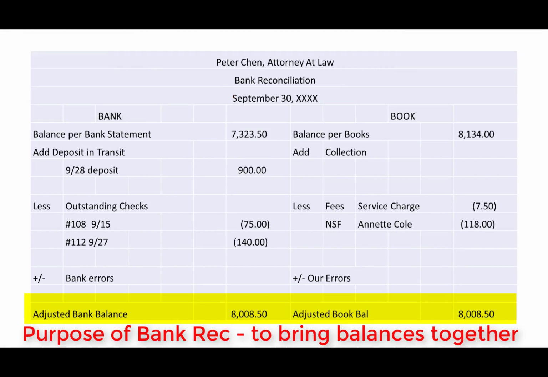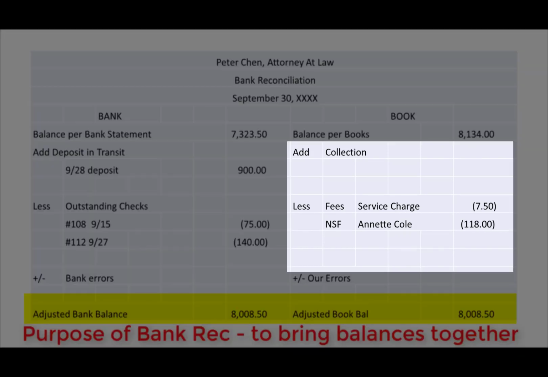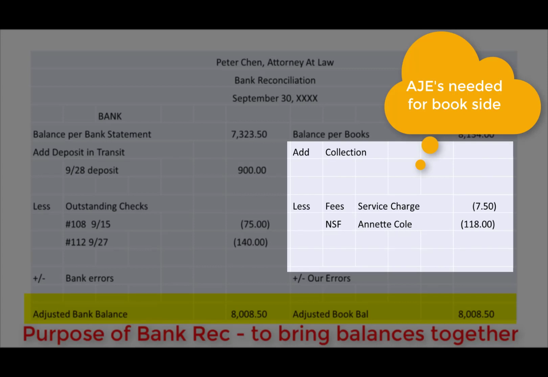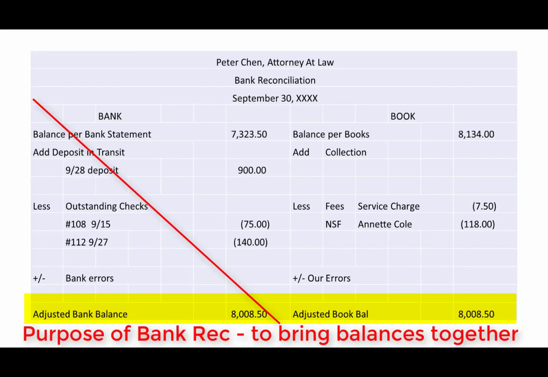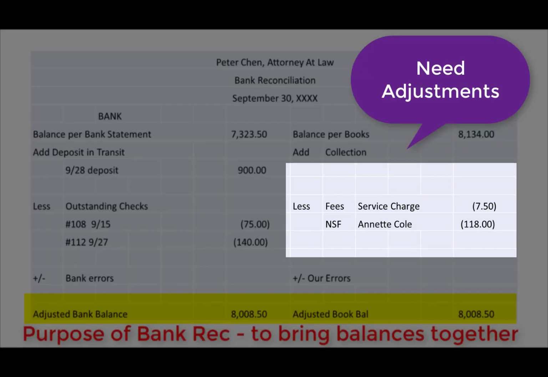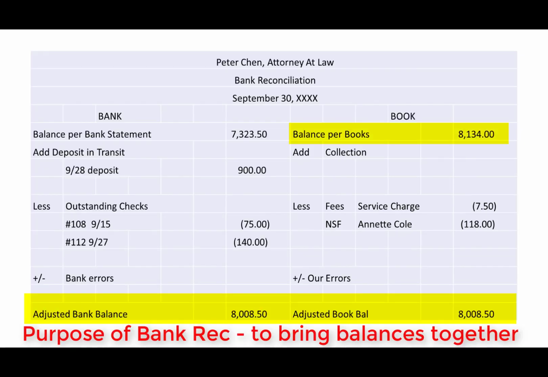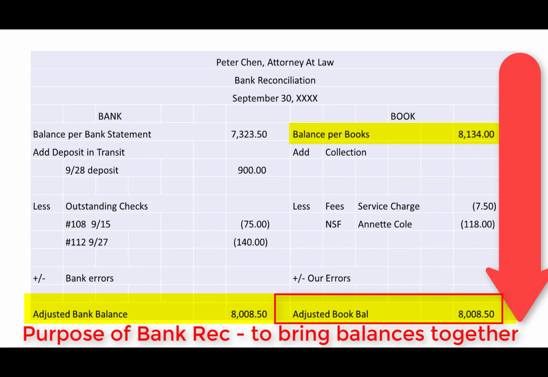The last step on the bank reconciliation is to make adjusting journal entries for anything that shows up only on the book side. The things on the bank side are timing differences and they will resolve themselves. But the items on the book side need to be recorded in the journal to bring our cash balance from $8,134 down to the $8,008.50.